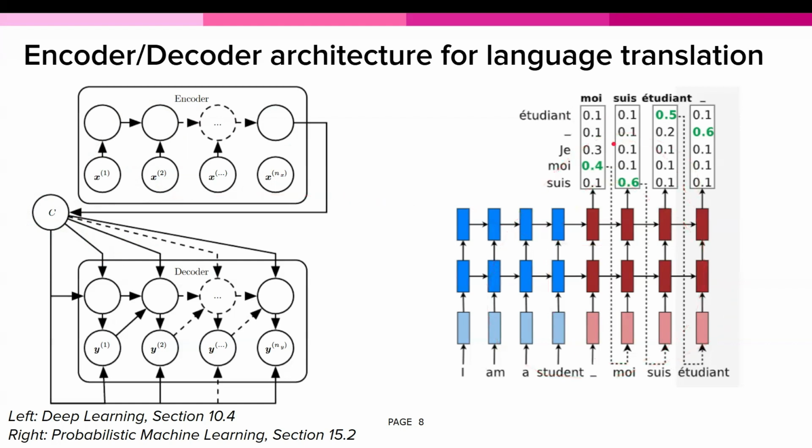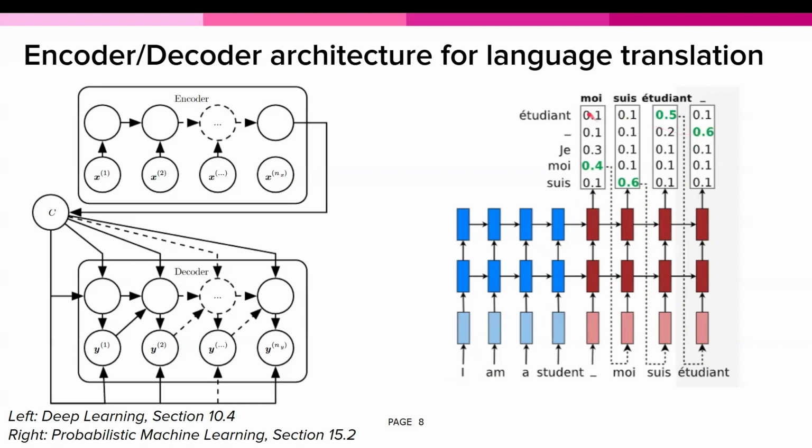So this diagram here illustrates the particular process for the case of an English to French translation example. Each English word is going to get processed by the encoder side, and that produces that fixed length context vector that's then passed to the decoder, which generates the sentence one word at a time.